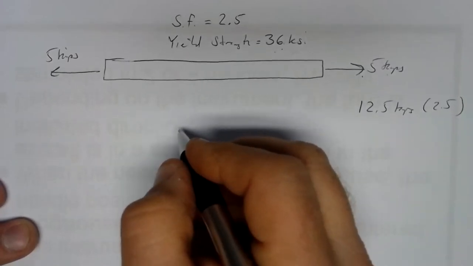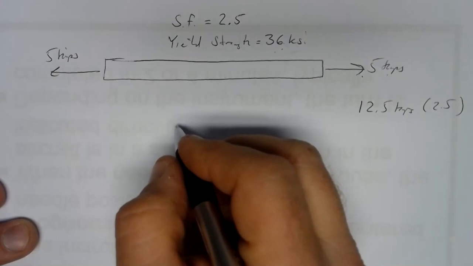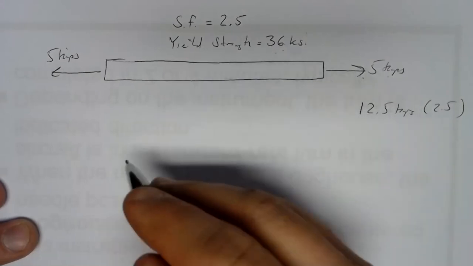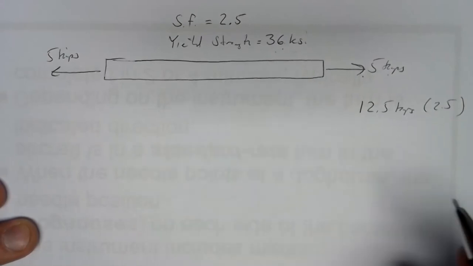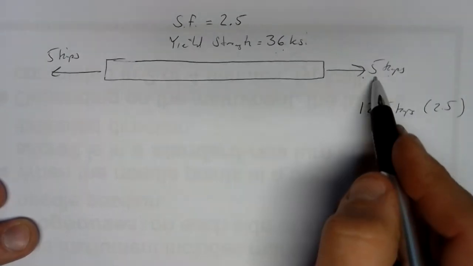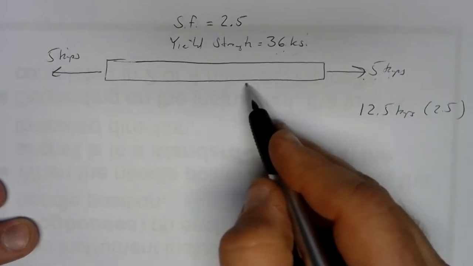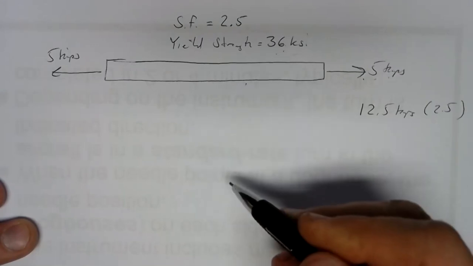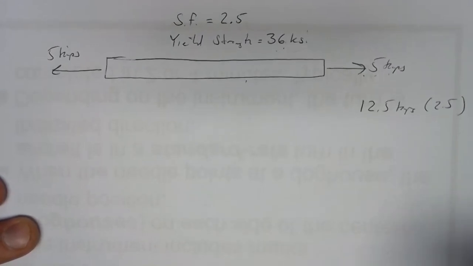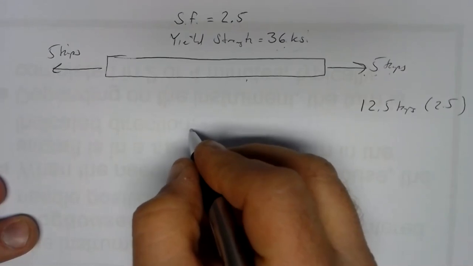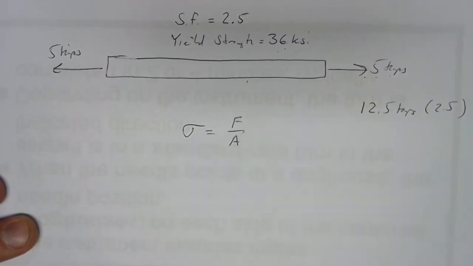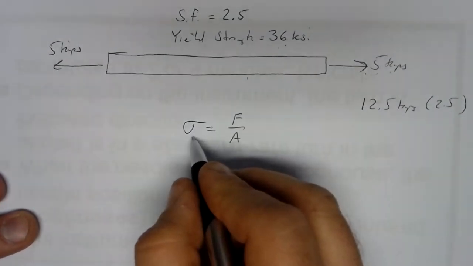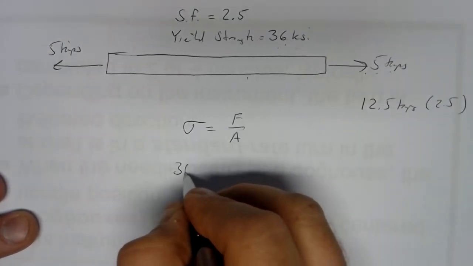So that's our design load, not our real load. So we're going to get an area out of this calculation that is going to keep this material stressed below its yield point by a good bit, by a significant amount, so that even at the maximum load we expect to encounter, we're never going to be anywhere close to our yield strength. So let's see how it works out. If we do our definition, stress is force over area. We know what we want the stress to be. The stress is 36 KSI.